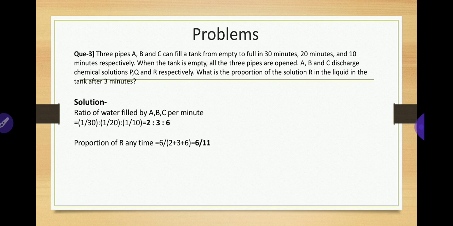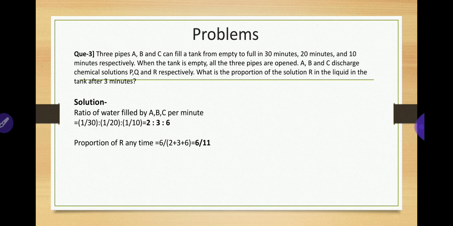Therefore, the ratio of these three will be 2:3:6. A is filling solution P, B is filling solution Q, and C is filling solution R. The proportion of R at any time will be 6 upon the addition of all these proportions, that is 2 plus 3 plus 6. It will be 6 upon 11. This is the shortcut for this problem.